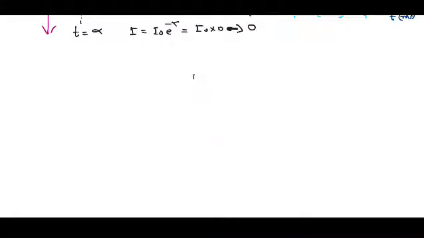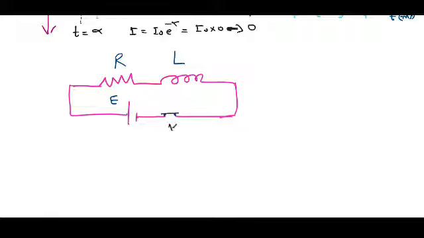This is our key. A constant current I0 was flowing through the circuit. Then immediately the key is opened. That is, the circuit is now broken.